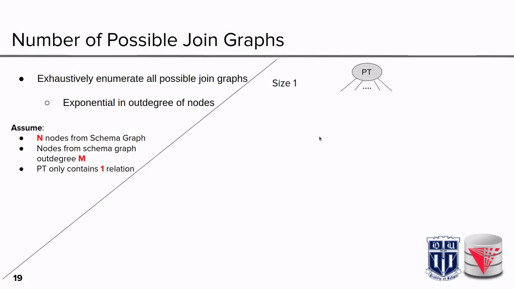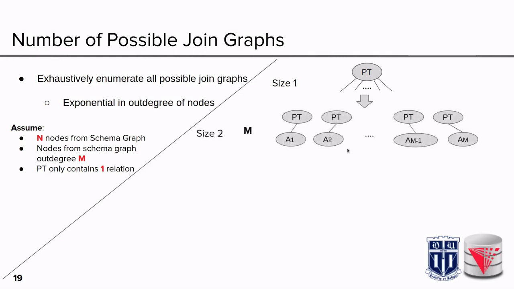In the first step, since we only have 1 node, we only have 1 possible join graph, containing only the PT node. For the second step, since PT only contains 1 relation and 1 relation has an out degree of n, we have n possible different join graphs of size 2.